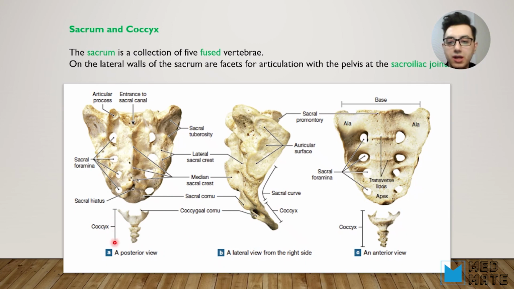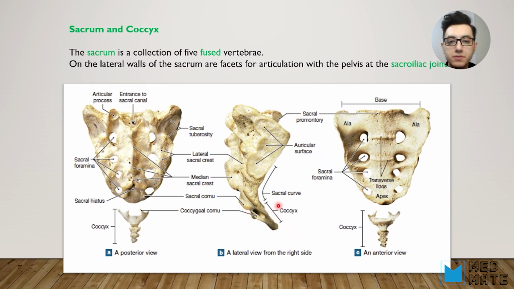Now we have the coccyx, which usually consists of 4 to 5 bones. In the lateral view of the sacrum, you can see the auricular surfaces here. You can also see the lateral crest, which is here, and also the medial sacral crest.